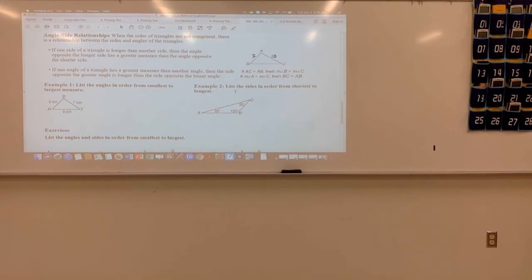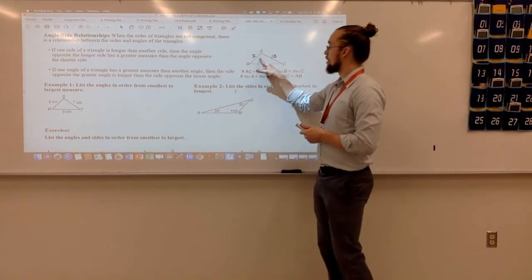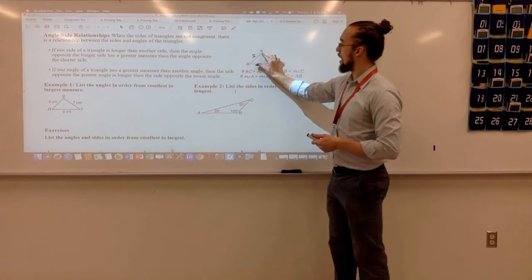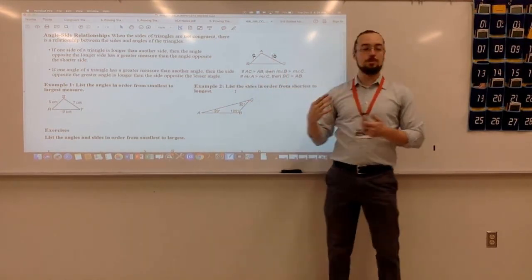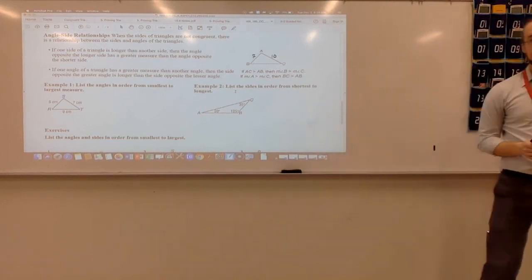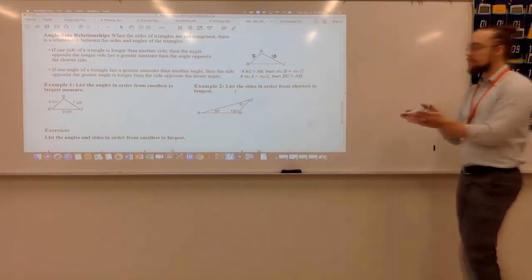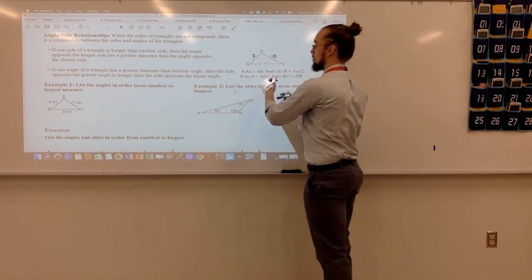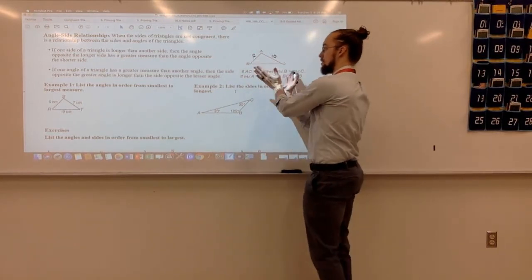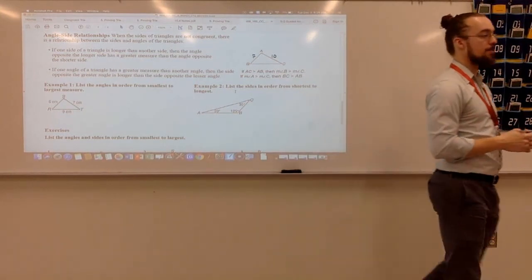So if we're thinking about the different sides here, the smaller angle has to be opposite the smaller side, and the larger angle has to be opposite the longer side. Just think about a door opening, make this the angle at which the door is opening. The longer side has to be opposite the larger angle.